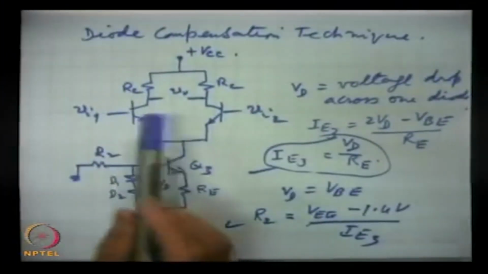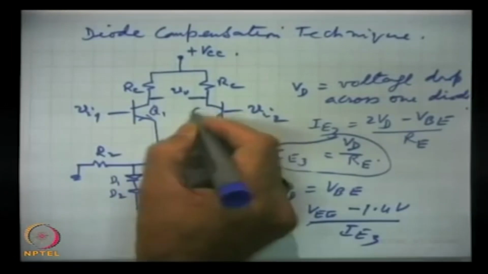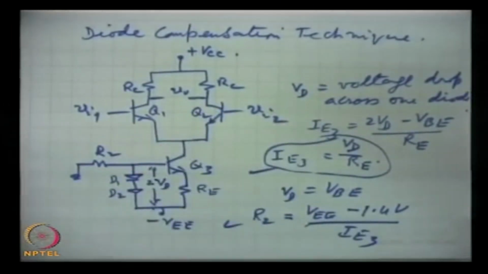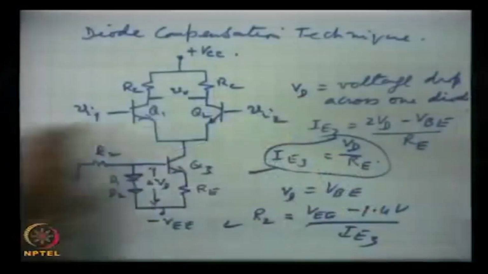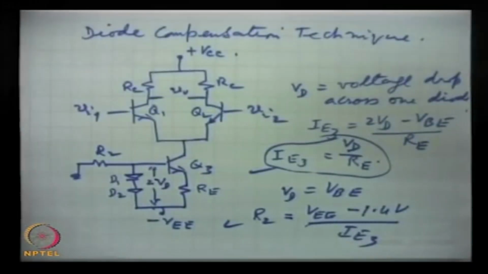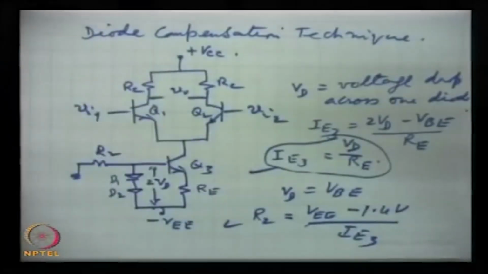This assumes that the two halves, Q1 and Q2, are 100% identical. As I stated in the beginning, differential amplifiers are normally fabricated as ICs on a single chip, and the process of fabrication is gas diffusion for introducing N and P impurities to make these transistors and resistors and all that.